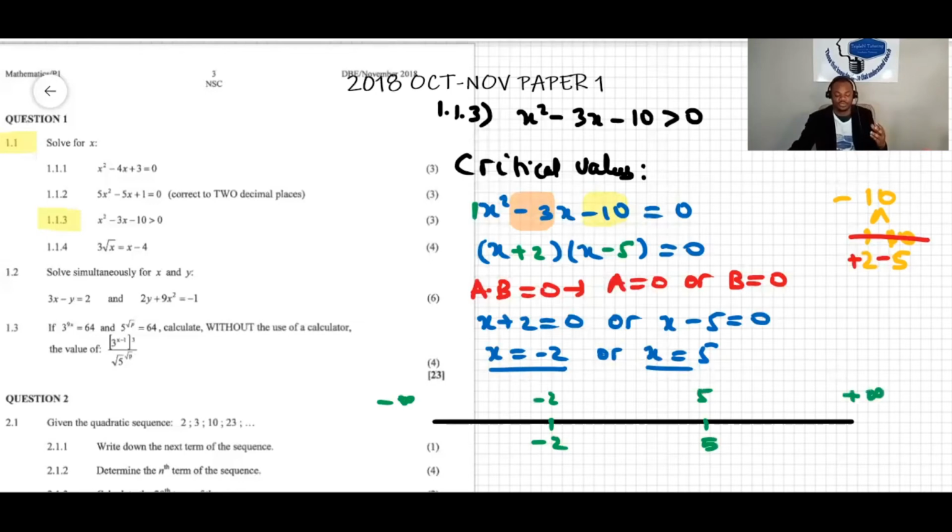Now we're looking for the solution where the function is positive. Greater than 0 means positive. If I look at the first interval from negative infinity to negative 2, I want to select any random value in this first interval. I take a number like negative 3.